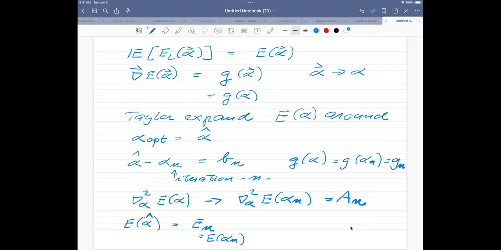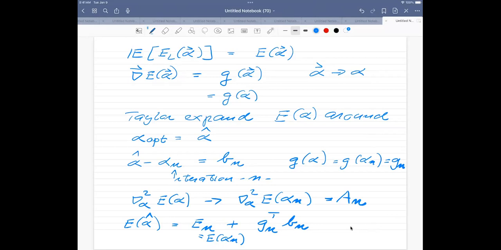And this is going to contain a plus, and I will obviously have the parameters I'm expanding around. So I will have a b of n. Since these can be vectors, not necessarily scalars, I will have a vector, which is the gradient. I transpose it and I multiply with this b of n.